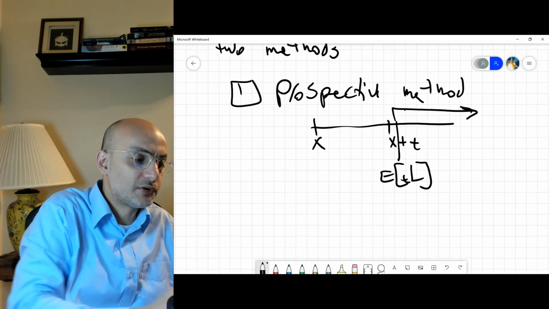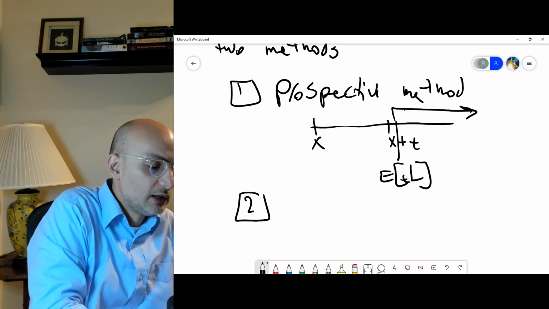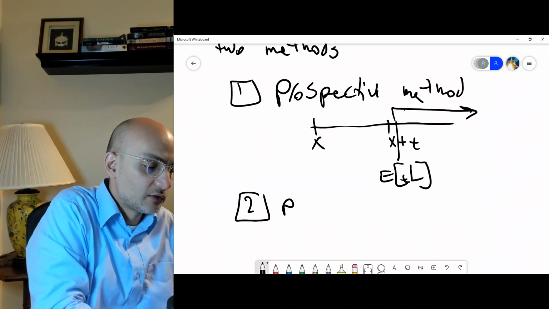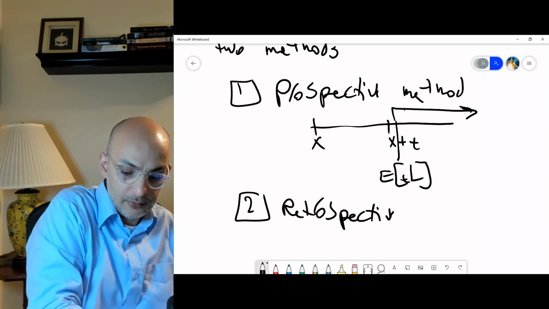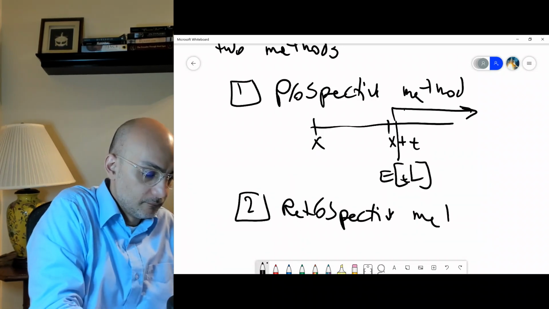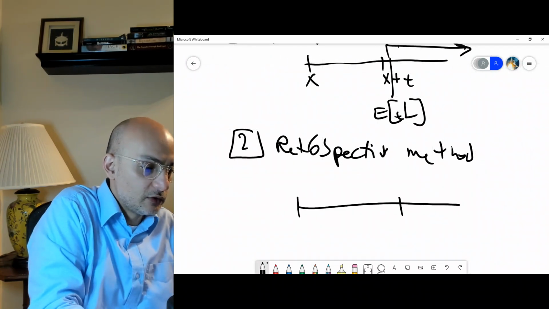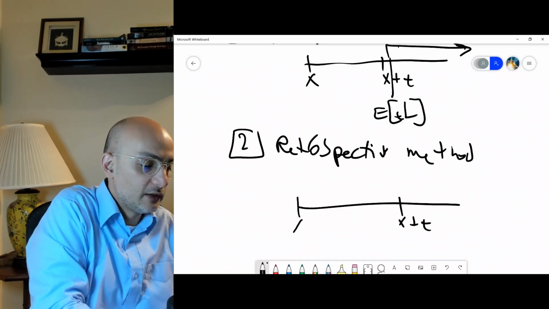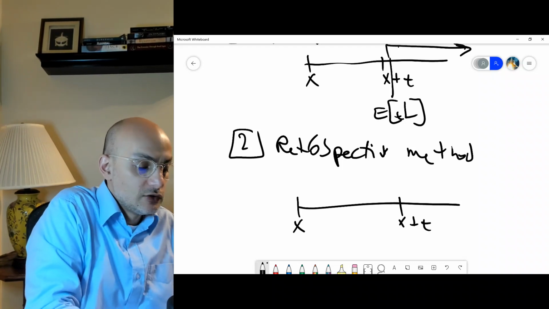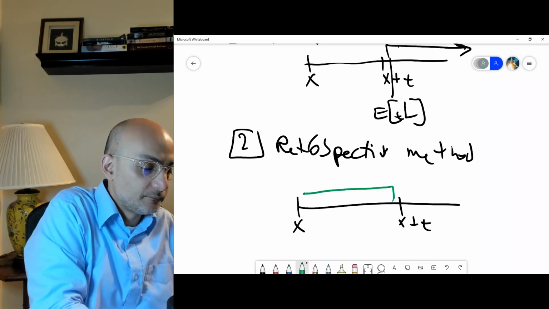Right? This is prospective. There is another method which is the opposite, the retrospective method. The retrospective method, as you would expect, you are at x plus t and the policy is issued at x. You look backward.